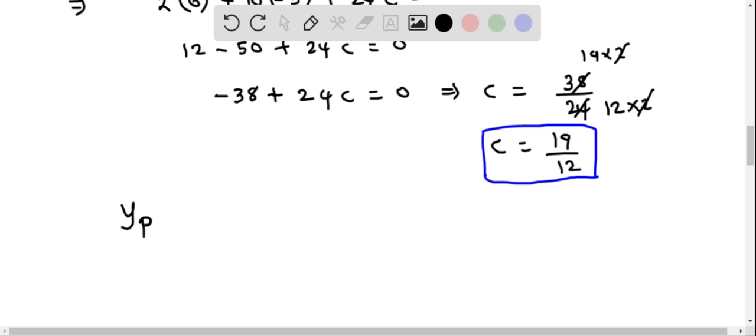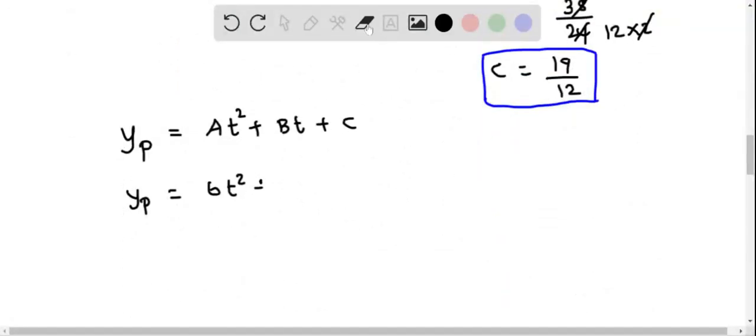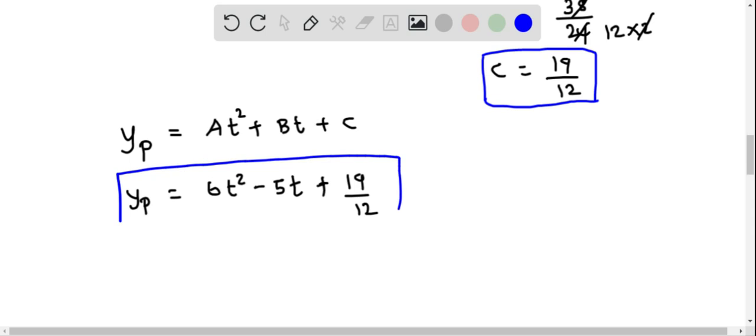So I write down yp equals, we replace a as 6, so 6t squared plus b is negative 5, so negative 5t plus c, which is 19 over 12. So we found the particular solution for the given differential equation. This completes step 2.